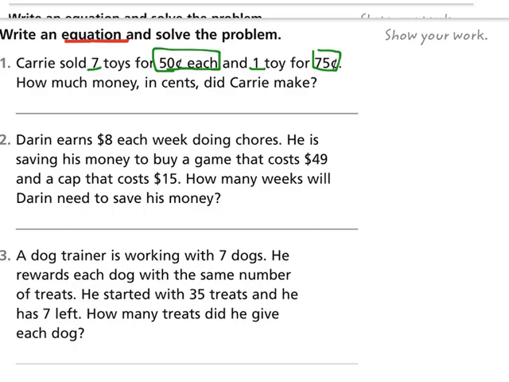So there's 7 toys for 50 cents and 1 toy for 75. So the way that you write that in math is 7 times 50.